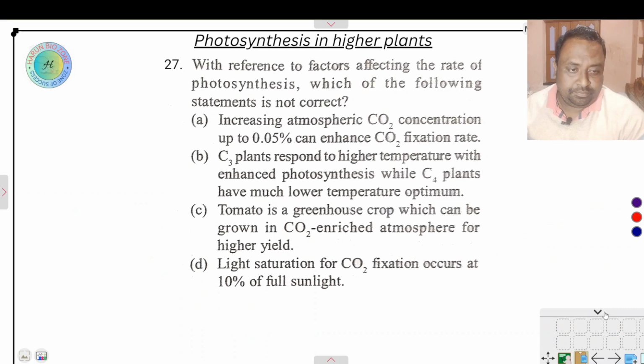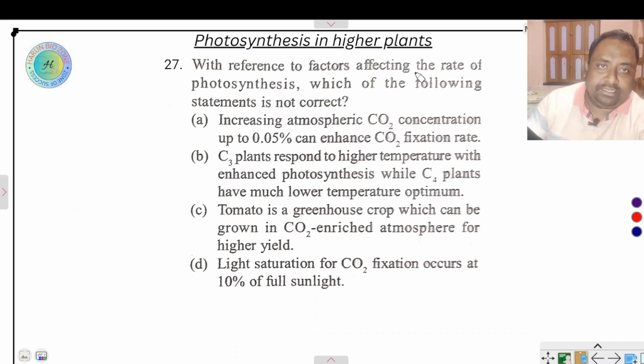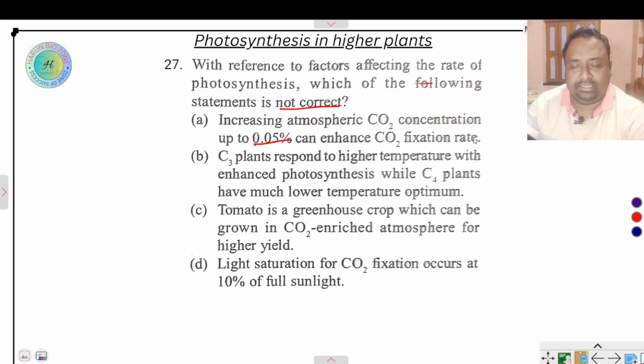Next question. With reference to factors affecting the rate of photosynthesis, which of the following is not correct? Increasing atmospheric CO2 concentration up to 0.05% can enhance CO2 fixation rate. C3 plants respond to higher temperature with enhanced photosynthesis, while C4 plants have much lower, not.